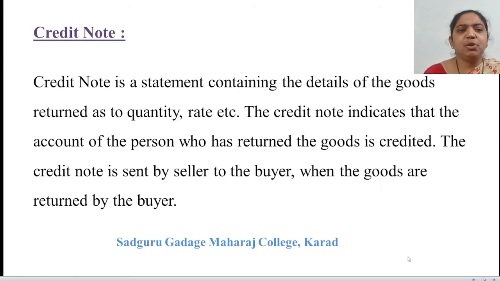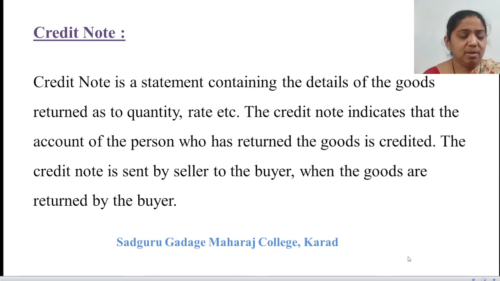Credit note is a statement containing the details of the goods returned as to quantity, rate, etc. Credit note indicates that the account of the person who has returned the goods is credited. The credit note is sent by the seller to the buyer when the goods are returned by the buyer.